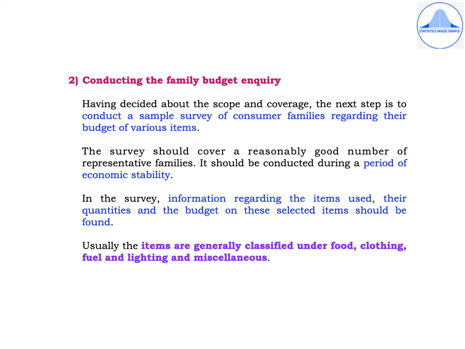This is very important. And in the survey, information regarding the items used, their quantities, and the budget on these selected items should be found. Now, usually the items are generally classified under the categories of food, clothing, fuel and lighting, and miscellaneous.